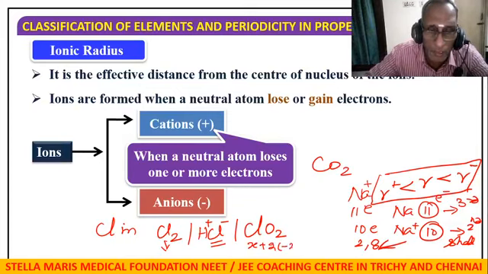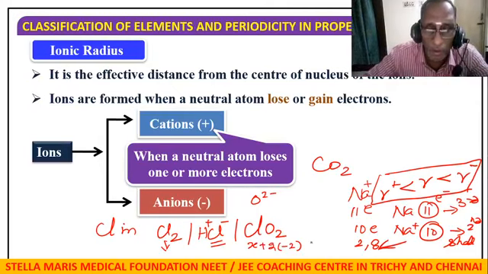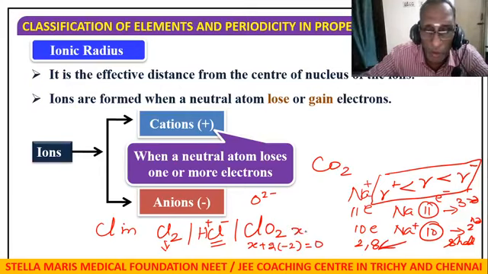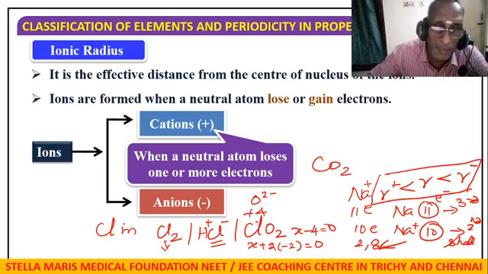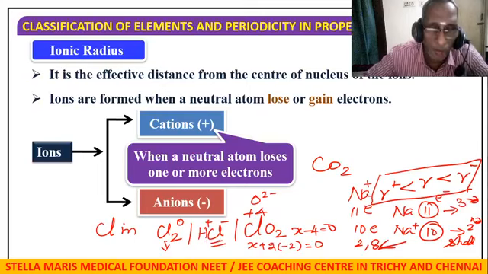The oxidation state of oxygen is -2 because oxygen forms oxide anions whose charge is 2-. So X plus 2 into -2, and the total molecule is neutral, so it is 0. X minus 4 equals 0, or X equals +4. So the oxidation state of chlorine in chlorine dioxide is +4, whereas in hydrochloric acid it is -1. In the chlorine molecule, it is 0, meaning neutral. Hydrochloric acid means anion, whereas chlorine dioxide has a tetravalent cation.